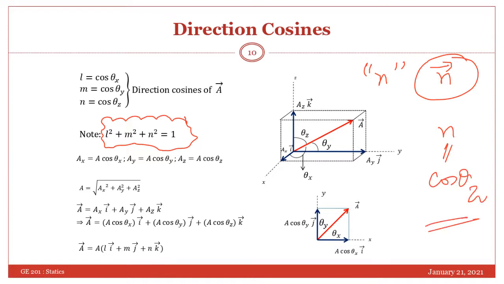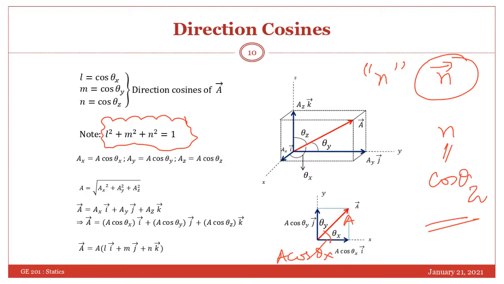Now once you know the direction cosines, you can write the components in a very easy manner, because if this is theta x, this component will be equal to A cosine theta x, because if the magnitude of this is A, this will be A cosine theta x.